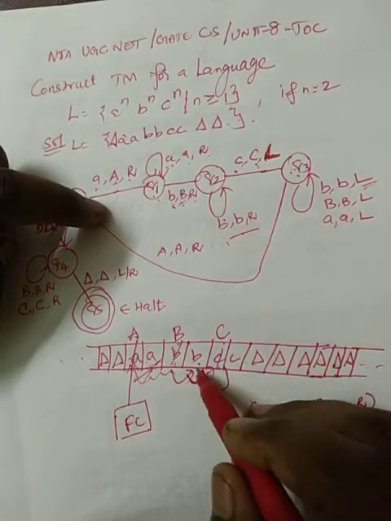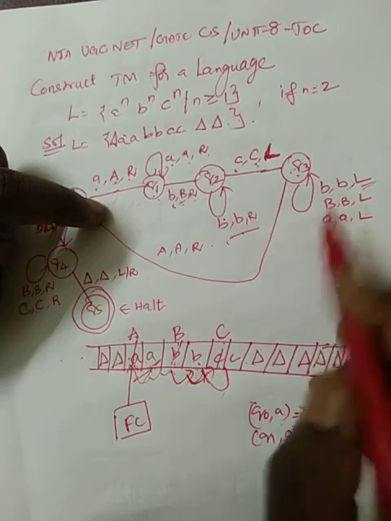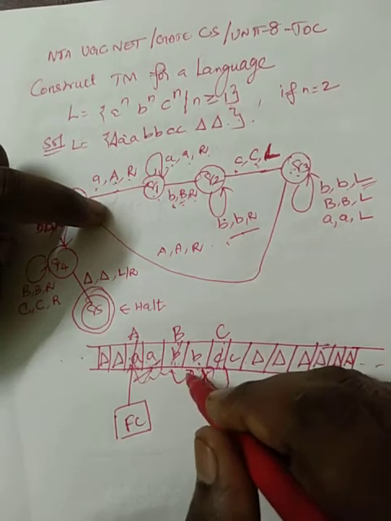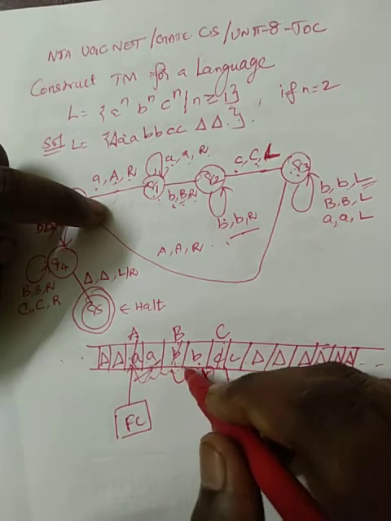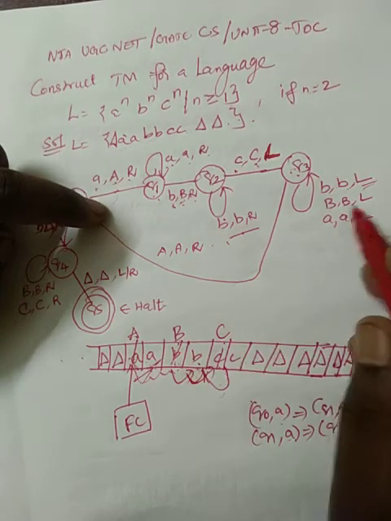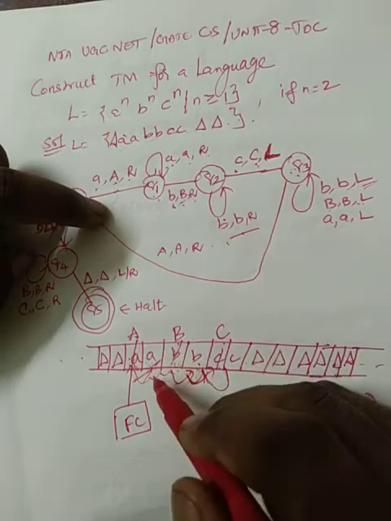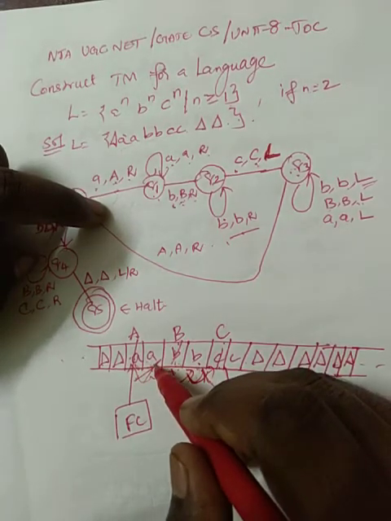You see here is small b. Without touching it, you replace it with the same symbol and keep moving left. Then you cross capital B, continue in the left direction, and you may cross small a.